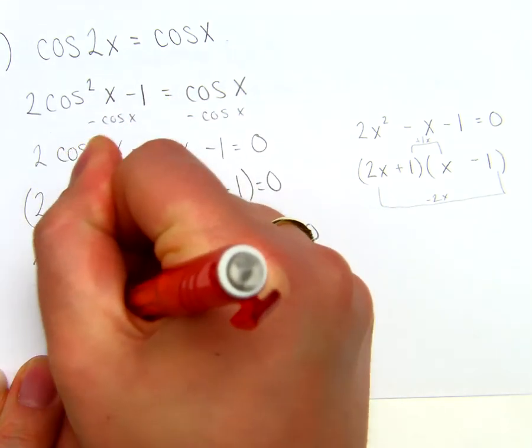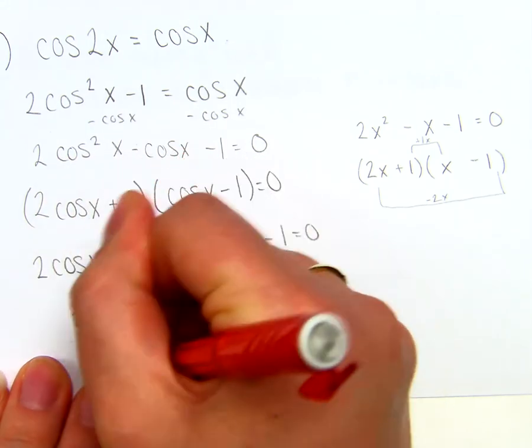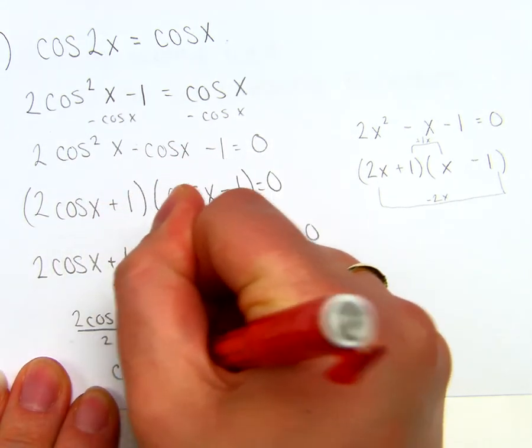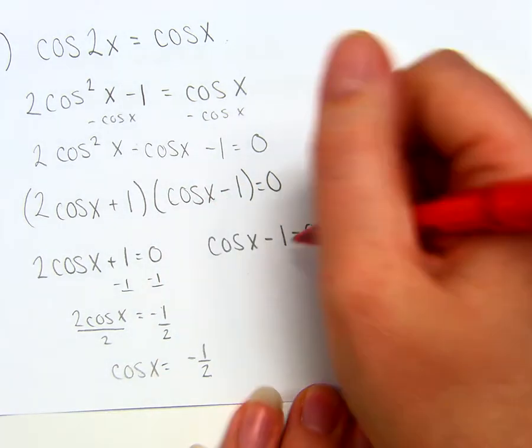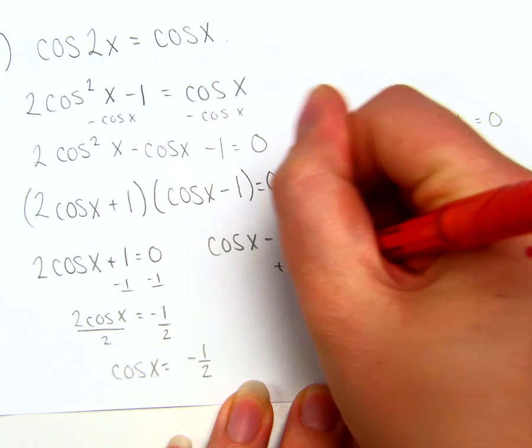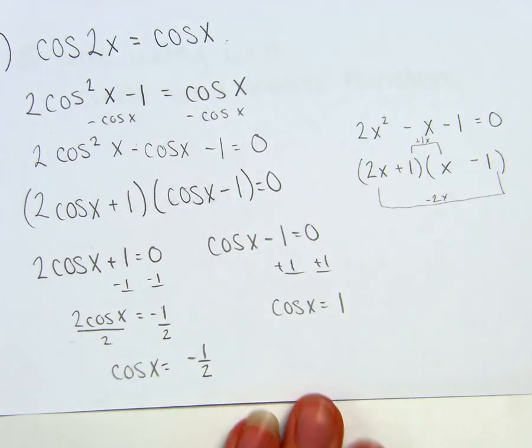So 2 cosine x equals negative 1, divide by 2. So I get cosine x is equal to negative 1/2. On this one, I'd add 1 on both sides. And I get cosine x equals 1. So I have to look on my unit circle to figure out when cosine equals negative 1/2 and when cosine equals 1.